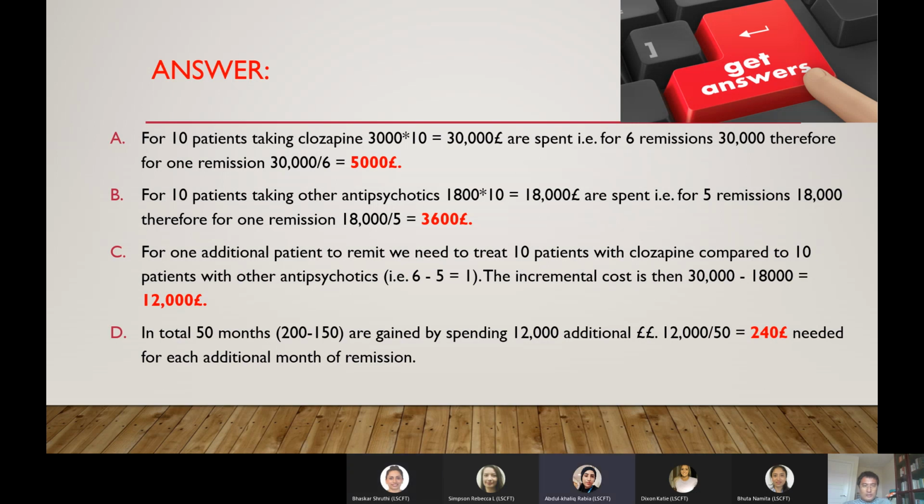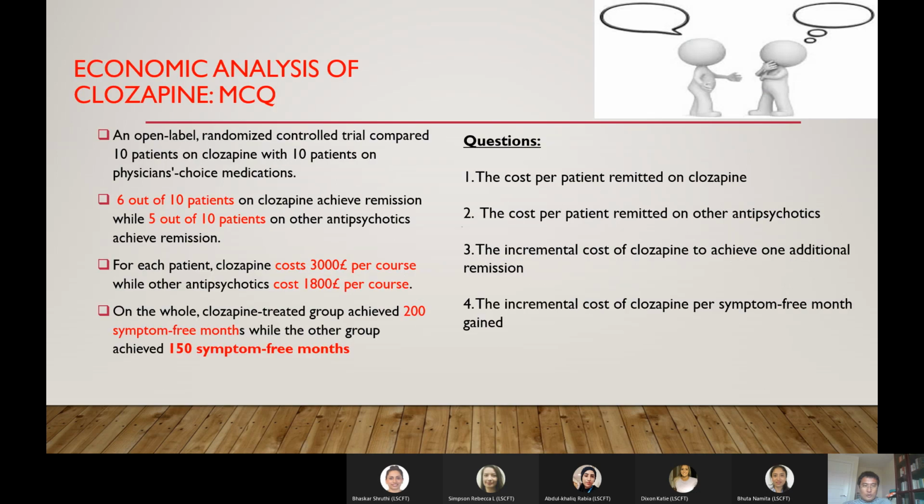Yeah. But if they ask for the symptom free month, then you have to use the clue for the option that is given. For symptom free, you subtract this from this, and it will be 50.